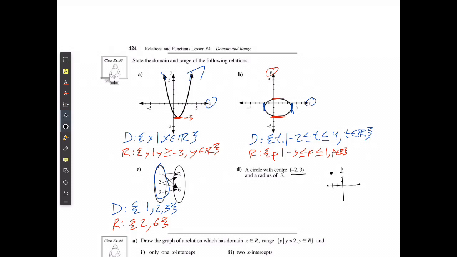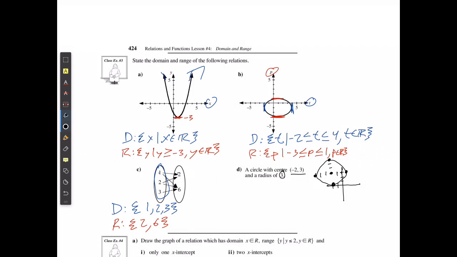And it says that it has a radius of 3. Well, if the radius is 3, then it means that it could go 3 to the right, it could go 3 to the left, it could go up 3, or it could go down 3. And then I have my circle.